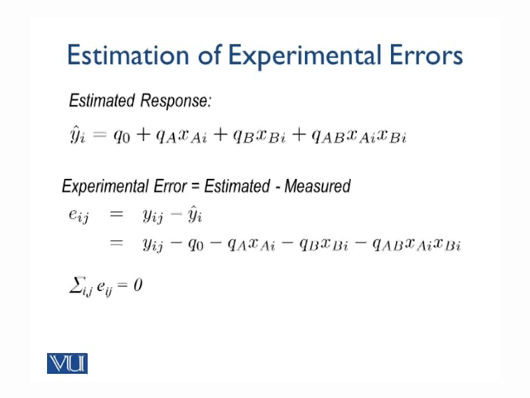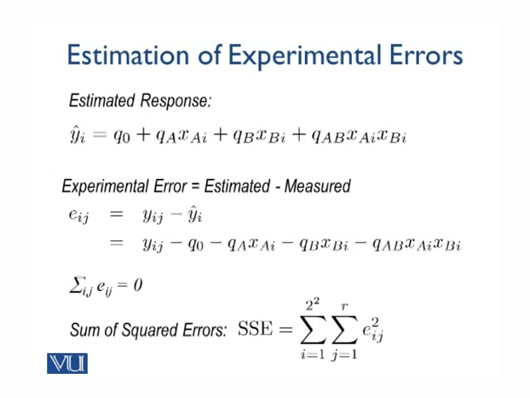This is best explained through an example, but before that, after having explained e_ij, if we take the summation of e_ij over all j's and all i's, in which i is from 1 to 4 and j is from 1 to r, we get the sum of squared errors.